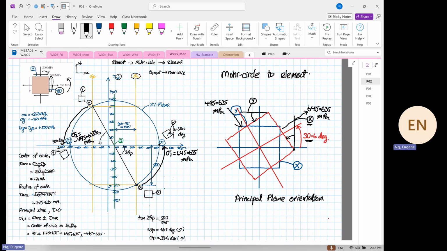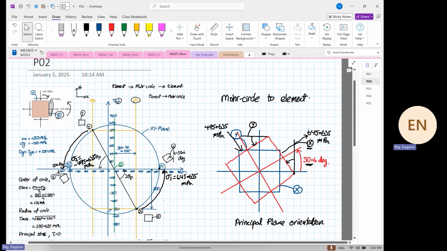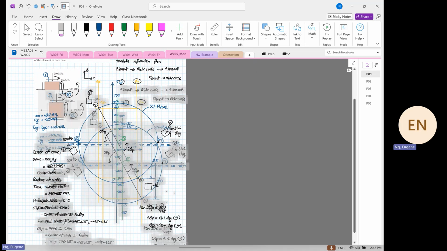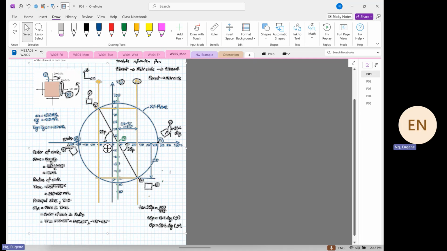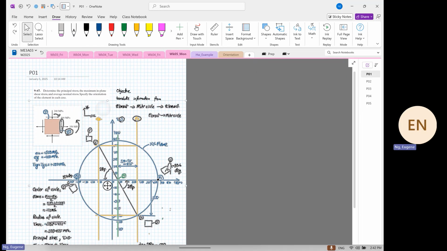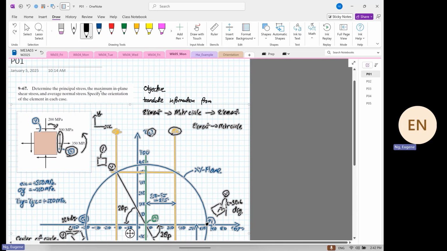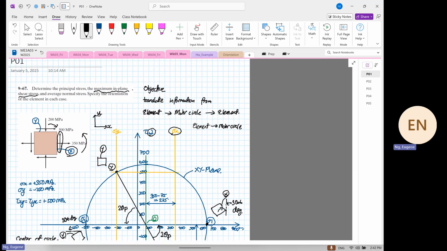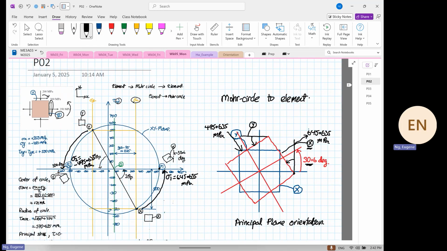Now, in the second part of the question, they ask for another piece of information. They also want to know the maximum in-plane shear stress. The principal stress and the maximum in-plane shear stress. Then we have to relate to the element again.